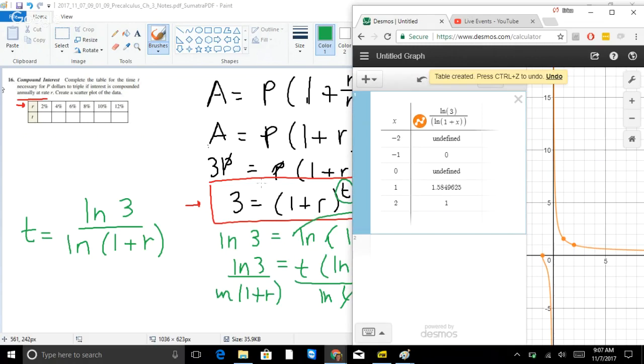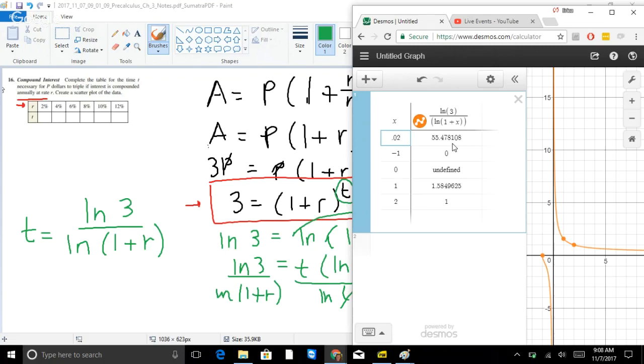Okay, so I want to know when I put in a rate of 2%, which is my x in this equation, how long does it take for me to triple my amount? If I put in a rate of 0.02, because that's 2%, it takes me 55.4 years to triple my original amount.